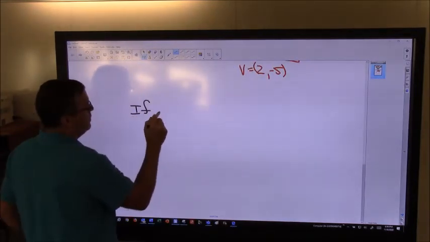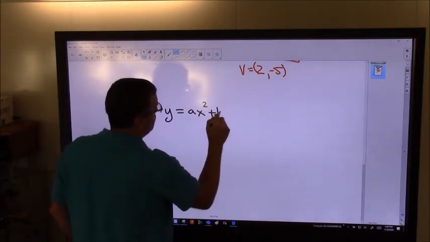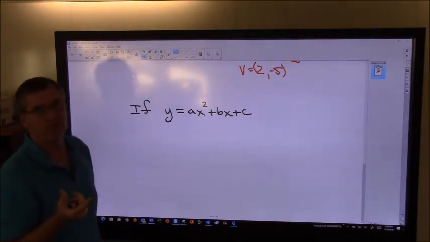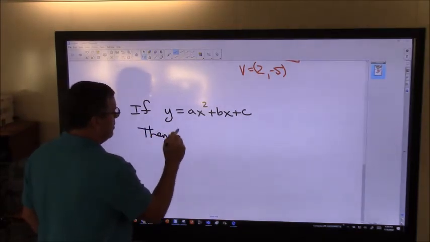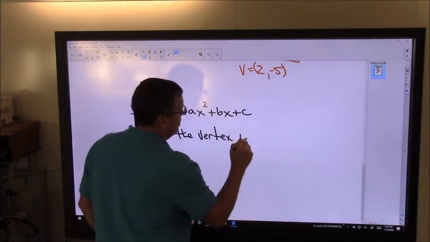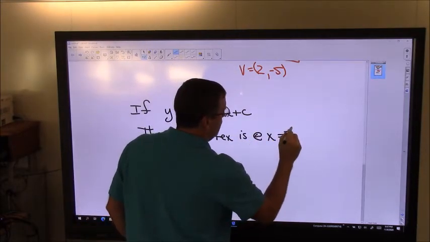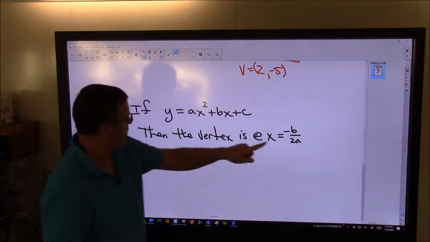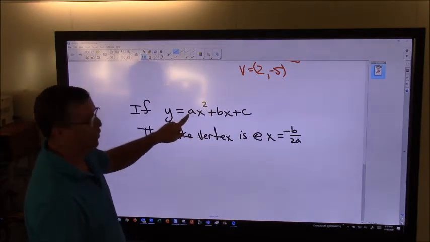So if y equals ax squared plus bx plus c, you guys might remember this from Algebra 3-4, because I know you talked about it, then the vertex is at x equals negative b over 2a. So what that means is we do the opposite of this number divided by twice whatever this is.